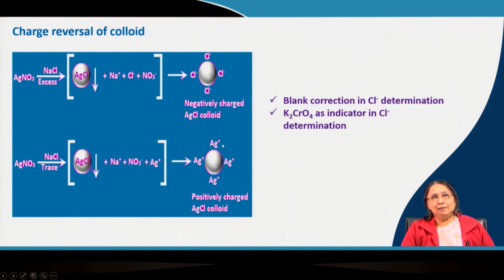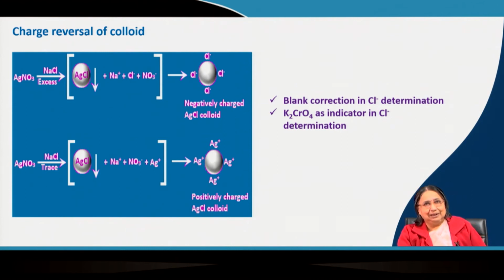It will immediately attract the chromate ion for charge neutralization, because this chromate ion is attracted by silver plus and adsorbed here, and then you will see the brick red color of silver chromate at the end point. So this is a very interesting experiment that you can easily perform in the laboratory.